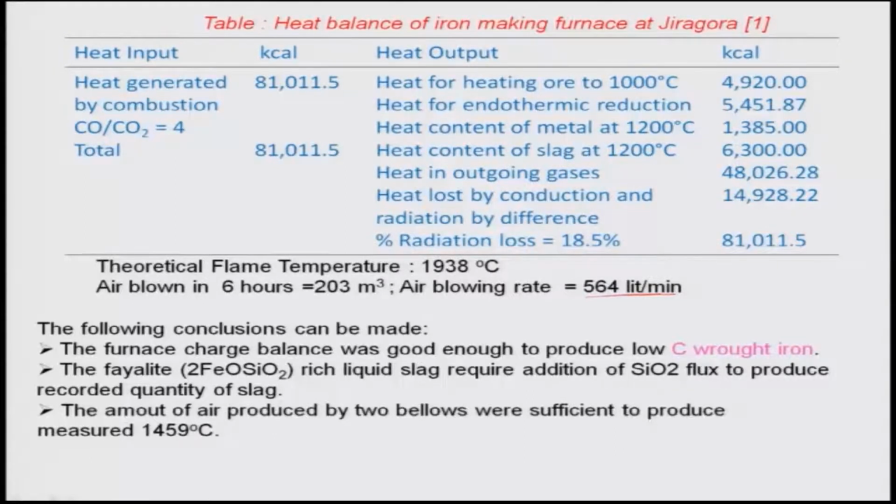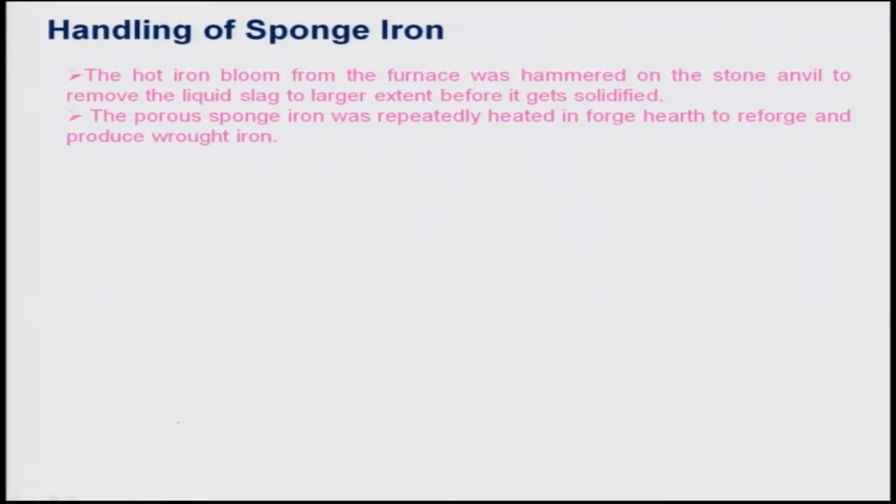So, one can see that the method used in ancient times can be replicated even today, and we will be looking at how they were handling the sponge iron. The hot iron bloom from the furnace was hammered on the stone anvil to remove the liquid slag to a larger extent before it gets solidified.